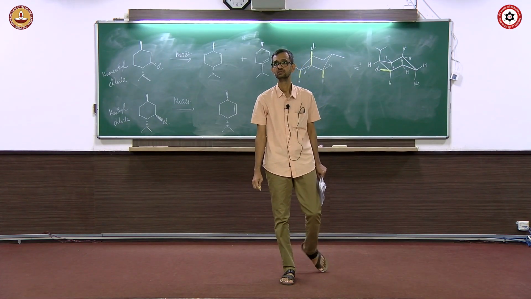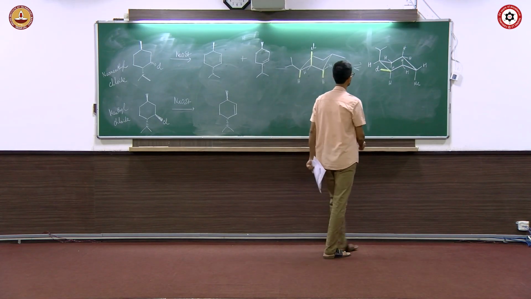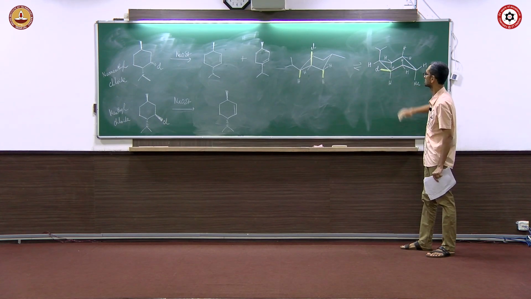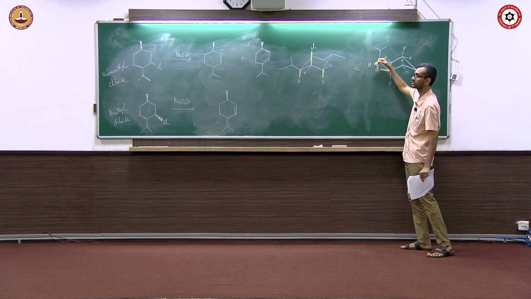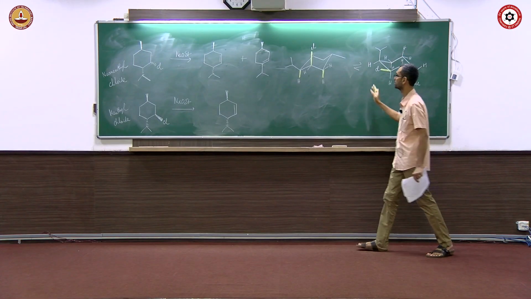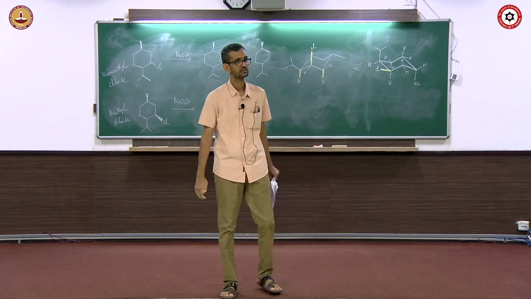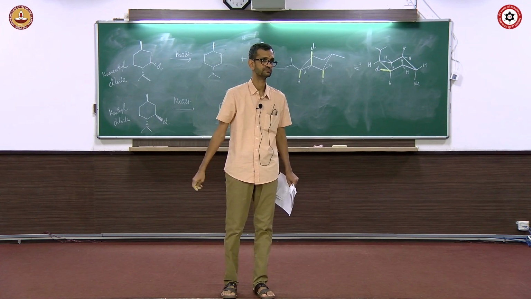What is the other one? Equatorial hydrogen. So the equatorial hydrogen is here. So in either case, what you will see is a two-product possibility.